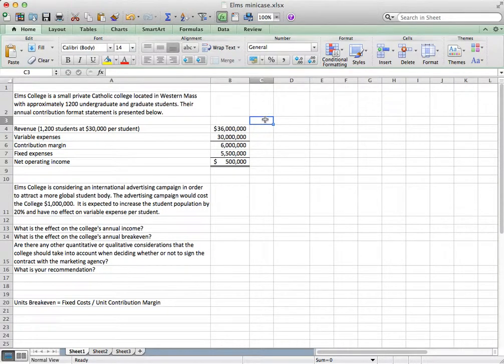So I'm going to start with this. Given this scenario right here, let's go through the calculations. I'm first going to calculate the per unit information. So again, we have 1,200 students. I'm going to take our revenue divided by the 1,200, and I'm going to make this an absolute value.